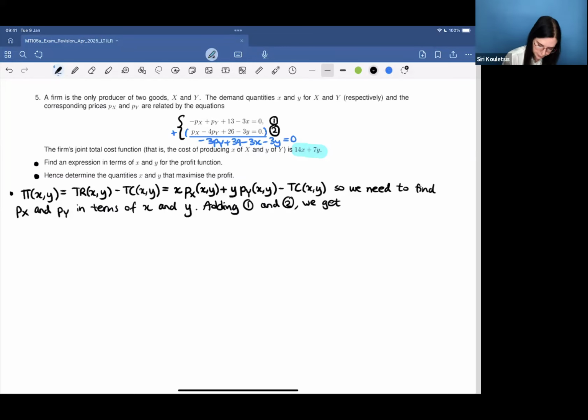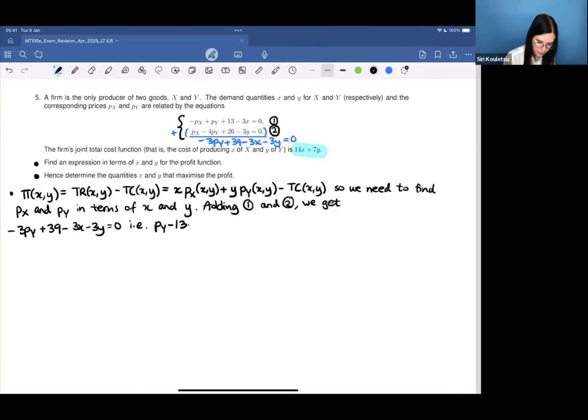And we can divide both sides of this equation by -3, so that the coefficient of py becomes 1, and then we make py the subject. And then we just need to be careful with the signs.